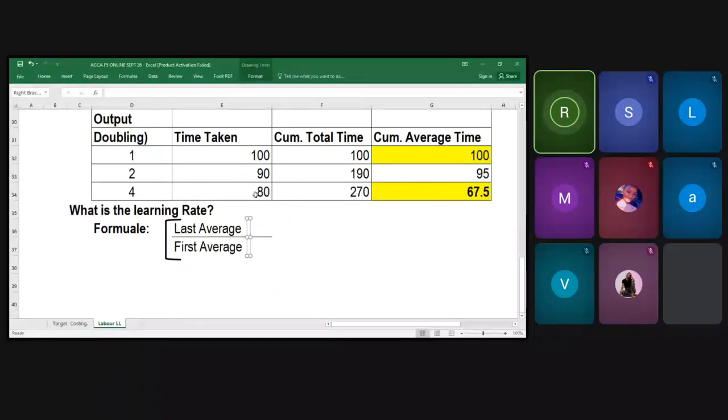I'm going to put another bracket here so that it makes sense. Don't mind the fact that my items are not really equal there.